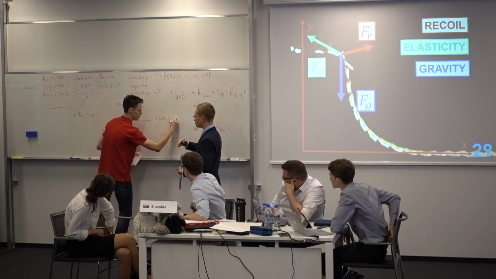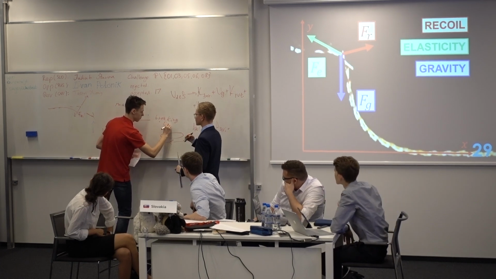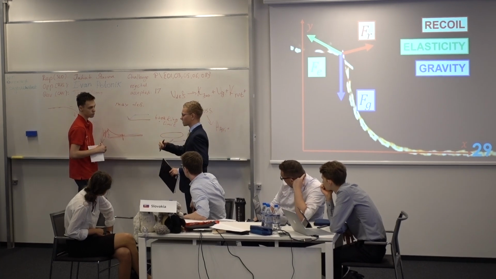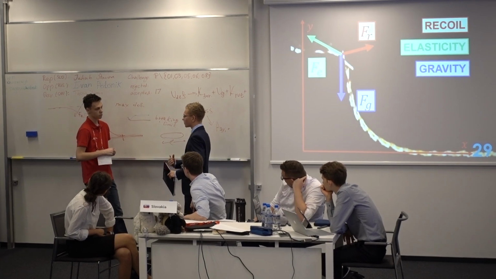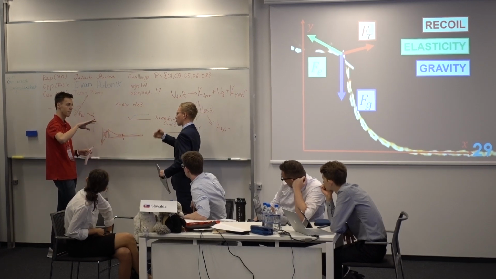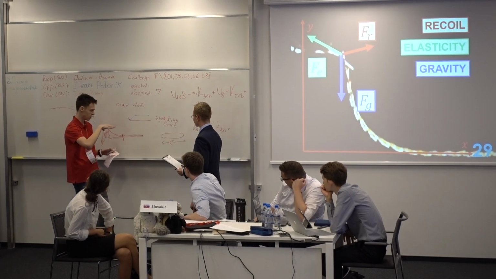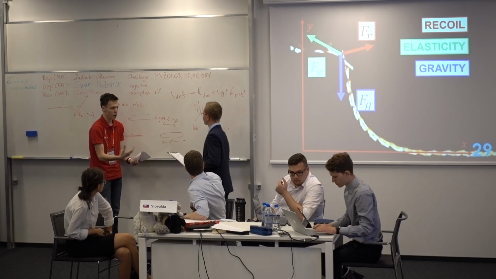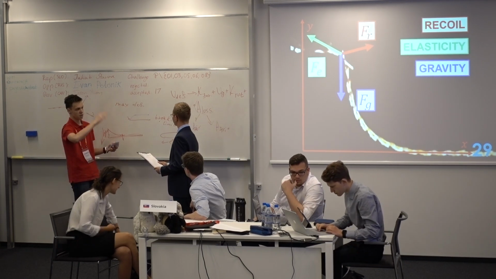And the other limit is that there needs to be enough stored energy, so that when it is released, it is able to rise. So there is a limit imposed by gravity. When it's deformed, it should have more energy than in the rising position.